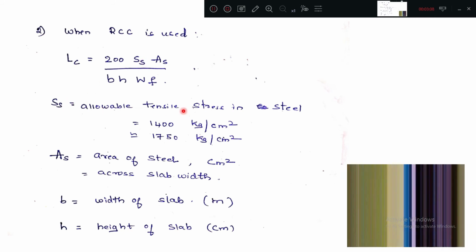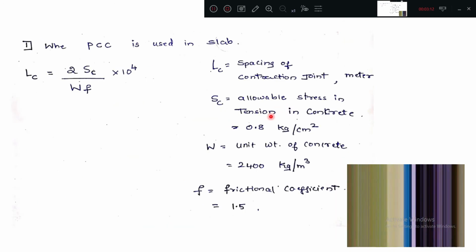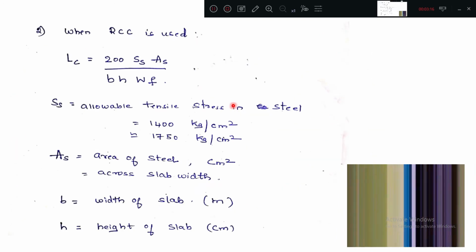SS is the allowable tensile stress in steel. The previous one was allowable stress in tension for concrete, but here it is for steel. The general value is 1400 to 1750 kg per centimeter square. These values can be changed; generally it is given in the question, otherwise you remember this one.